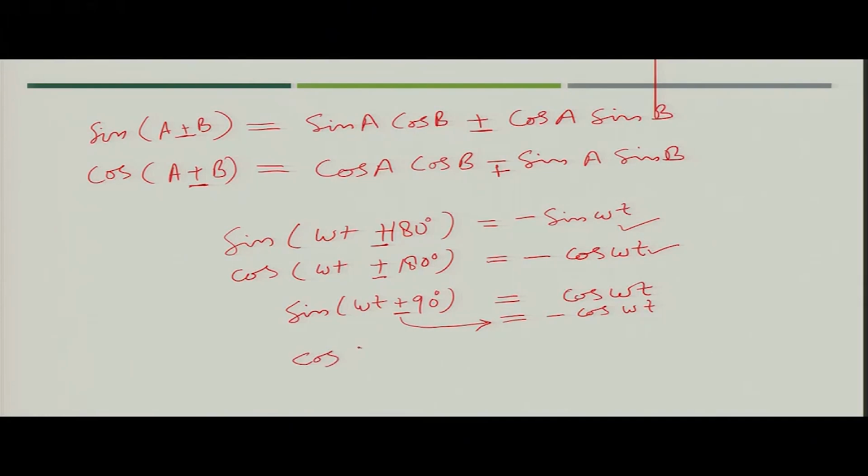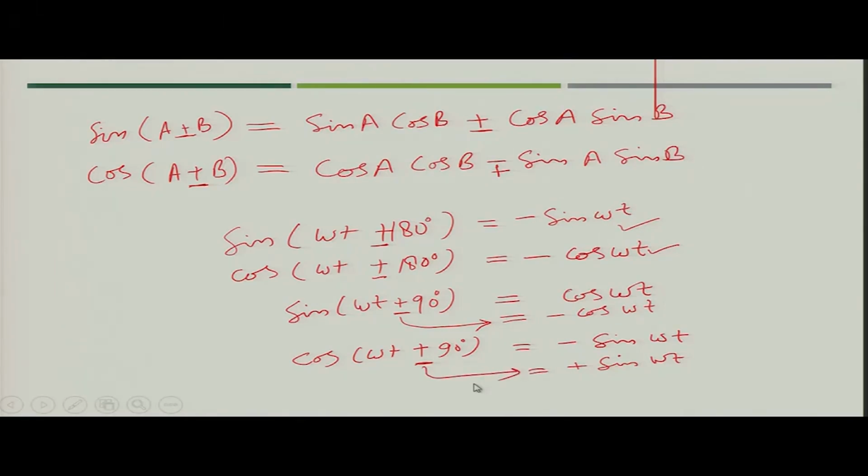Now, for cos(omega t plus 90 degrees), this will become minus sin omega t. Similarly, cos(omega t minus 90 degrees) will become plus sin omega t.